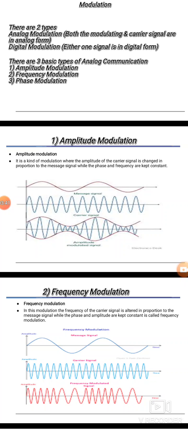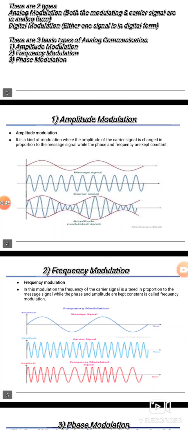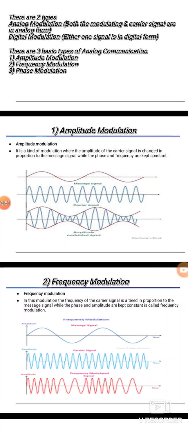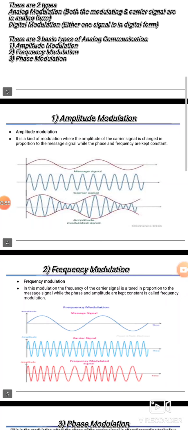Let us read these three concepts of analog modulation techniques. Three methods are there in analog modulation. First is amplitude modulation, second is frequency modulation, and third is phase modulation. We will see one by one the concepts and the waveforms for the respective points.